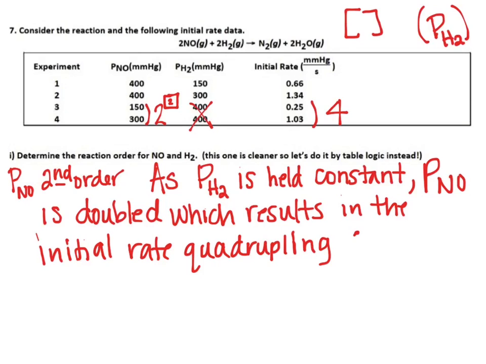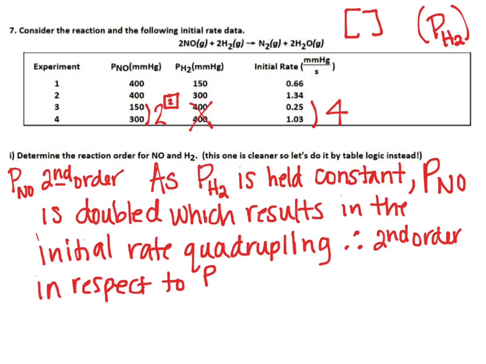Therefore, second order in respect to P of NO. So that's where you have to decide. Would you rather do the math setup, or would you rather write a sentence?